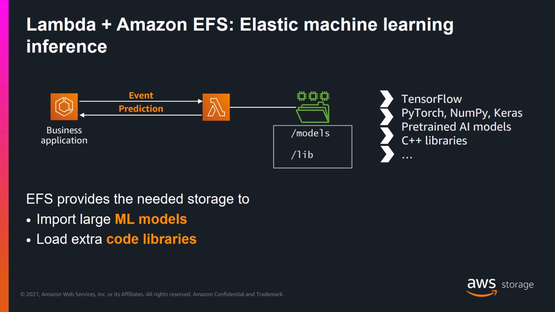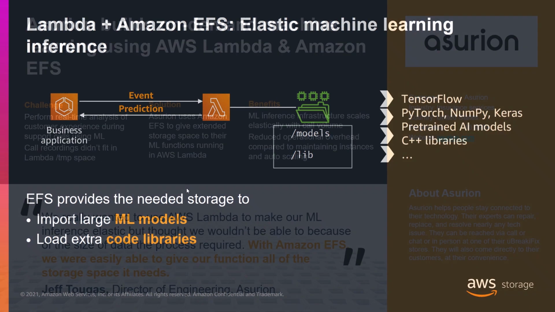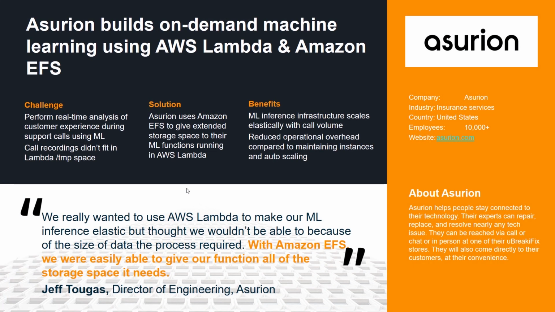So an example of this is Surian, and they use Lambda and EFS to do sentiment analysis. When support calls come into their call centers or contact centers, as soon as the calls are over, they perform a real-time analysis of the customer experience to understand what the customer sentiment was, and then perform any follow-on actions.